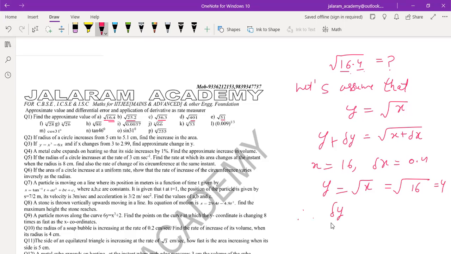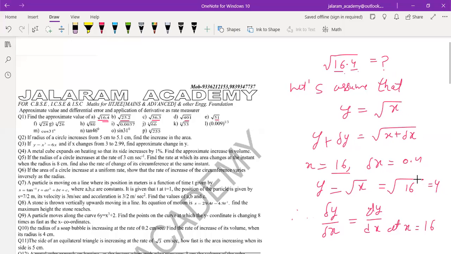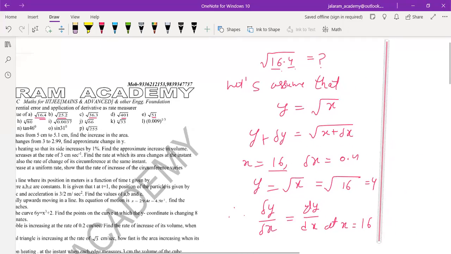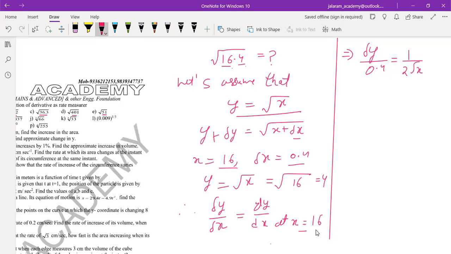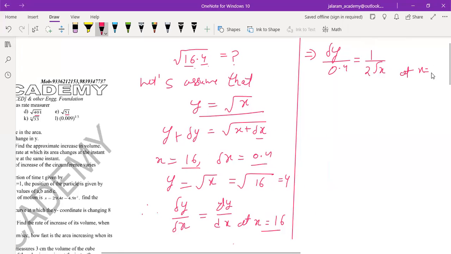So y equals square root of x, that is square root of 16, equals 4. And we know that delta y by delta x equals dy by dx at x equals 16. So delta y by 0.4 equals dy by dx, and as y is root x, dy by dx is 1 by 2 root x at x equals 16.